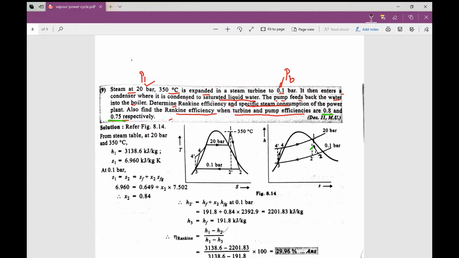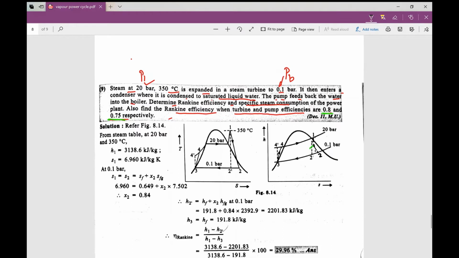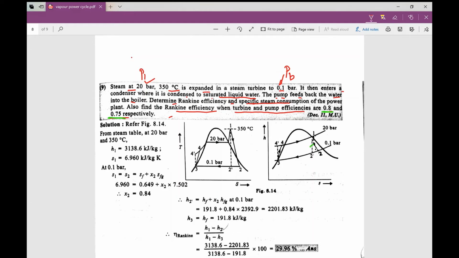So dear students, we will first be judging the condition of steam, whether it is superheated or not. So first, given 20 bar, at 20 bar the saturation temperature is 212.37 degrees centigrade.